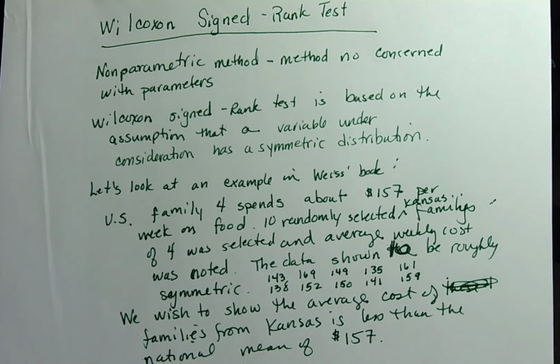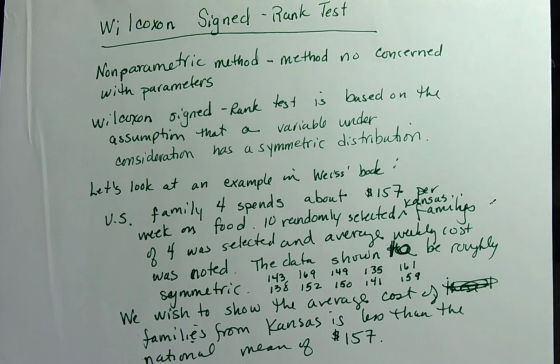It's going to be based not on the distributions being normally distributed, but on them being somewhat symmetric. So we're going to look at an example and see how the Wilcoxon signed rank test basically works. I take this example from Weiss's statistics book, and we're going to look at weekly food costs.